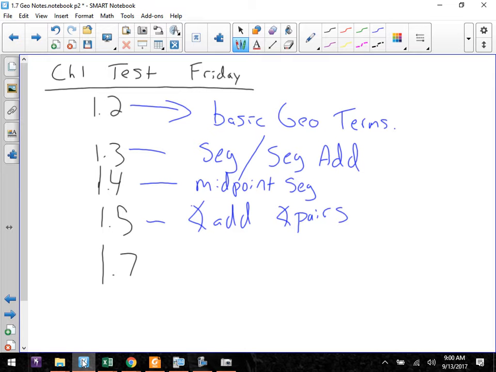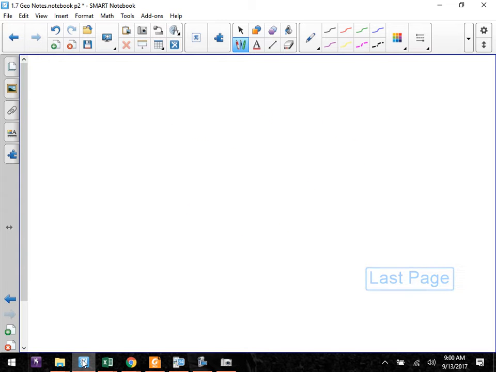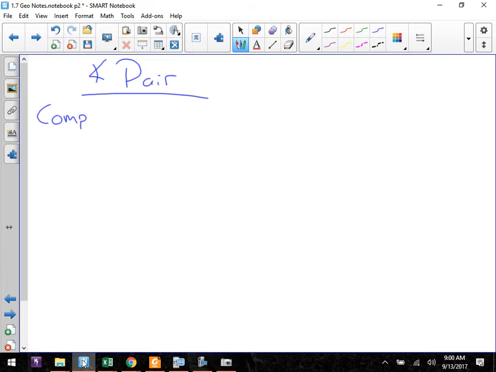Now, I will tell you right now, the idea of understanding the vocabulary of angle pairs is kind of not all that great. Here's what I mean. When we talk about angle pair relationships, you have complementary, supplementary, linear pair, and we also had vertical.